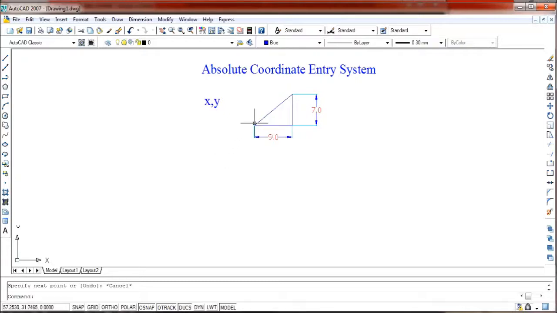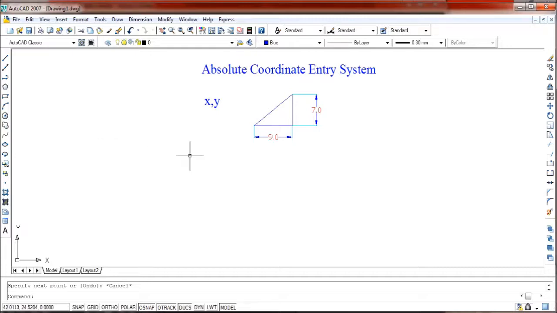Our first point will be this point, and for the second point we go counterclockwise to get this triangle. The second point is this one, the third point is this one, and finally we have to come back to our starting point. So let me specify my starting point as 1 comma 10, which means 1 drawing unit towards the x-axis and 10 drawing units towards the y-axis from the absolute reference.